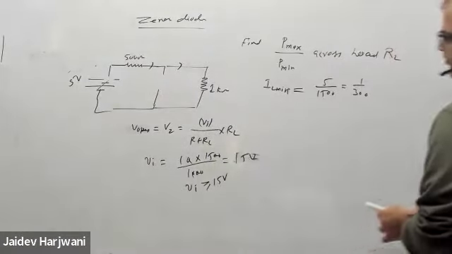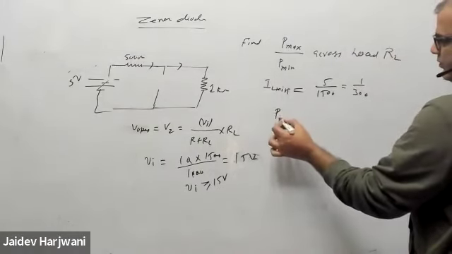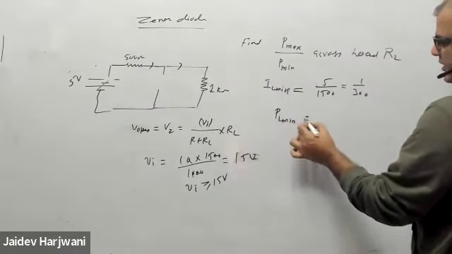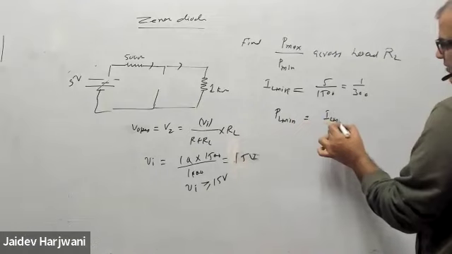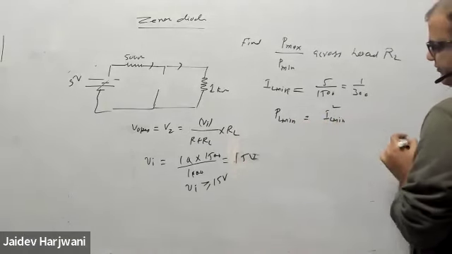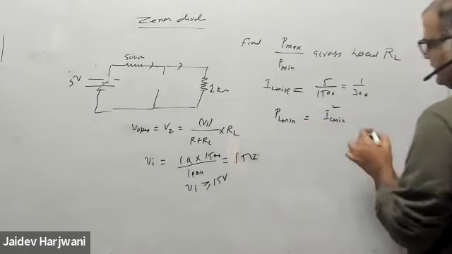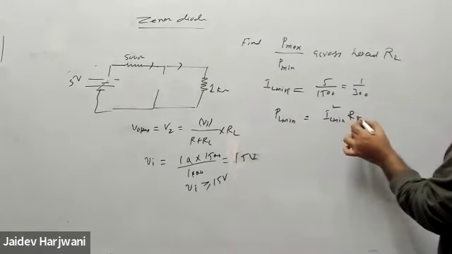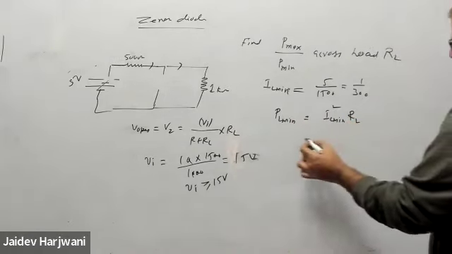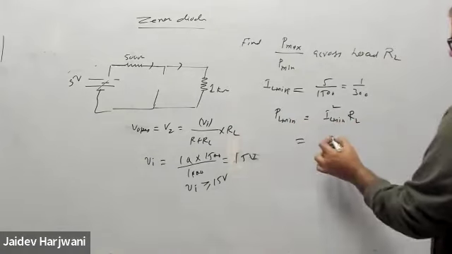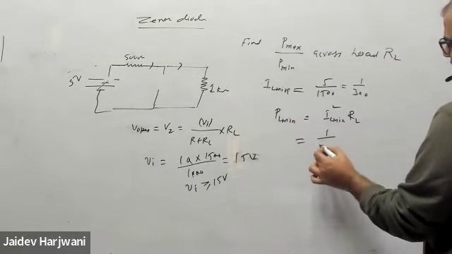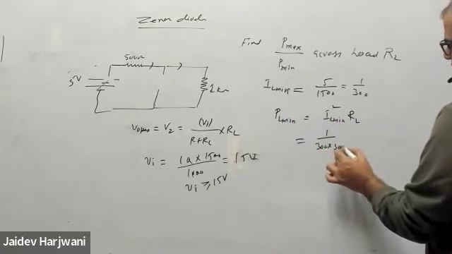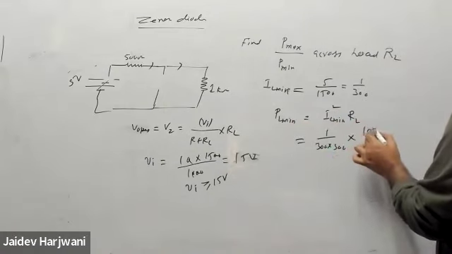So in this case, power on the load, PL minimum, will be IL minimum square into RL. RL value is fixed. So IL minimum square becomes 1 upon 300 into 300, and RL is 1000.